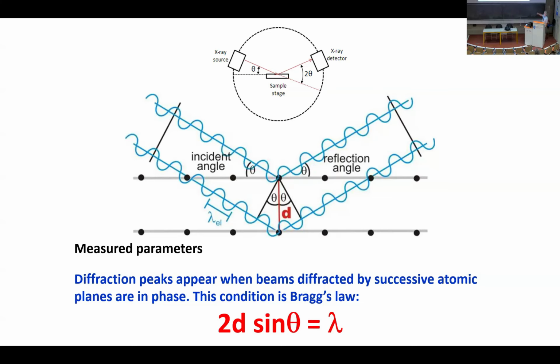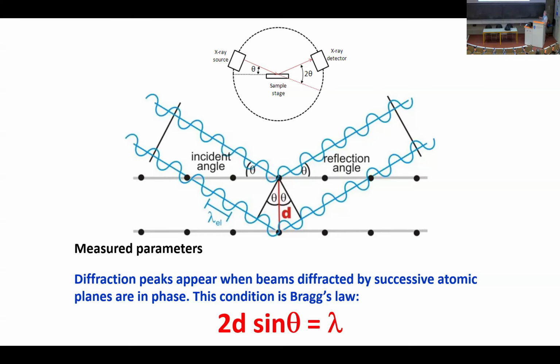If this is d, here you have the theta angle, which is the same as the incident angle from the wave to the plane, which is exactly the same as you have here. And this is clearly d sine theta, this is d sine theta. So the difference of path between these two waves is 2d sine theta.